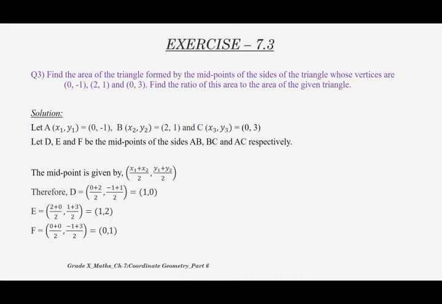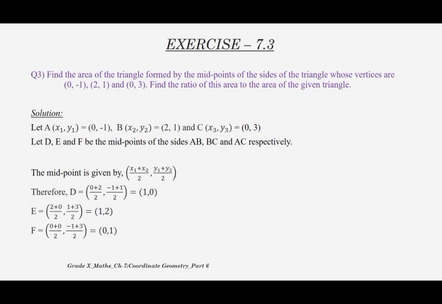So, 3 vertices of a triangle are given to us and we have to find the area of the triangle formed by the midpoints. Means each and every side will have a midpoint. When we join the midpoints, we get another small triangle. We have to find the area of the small triangle first. Then we have to find the ratio of this small triangle to the big given triangle.